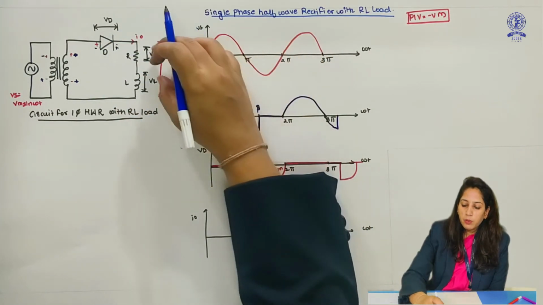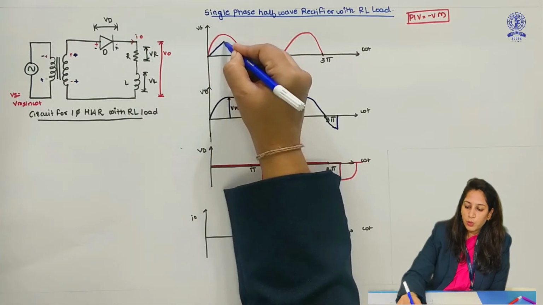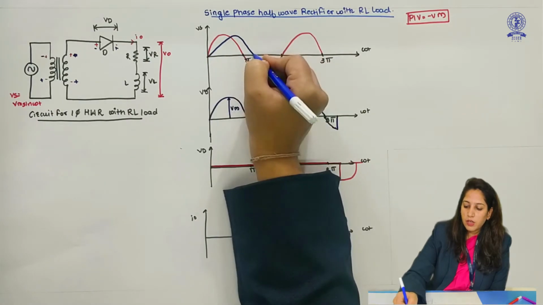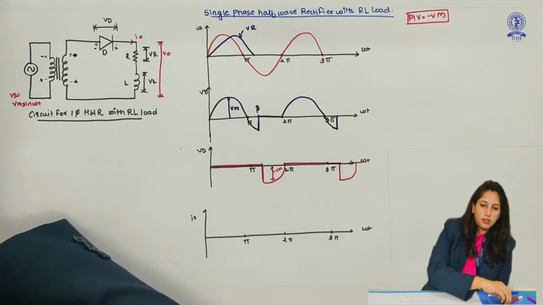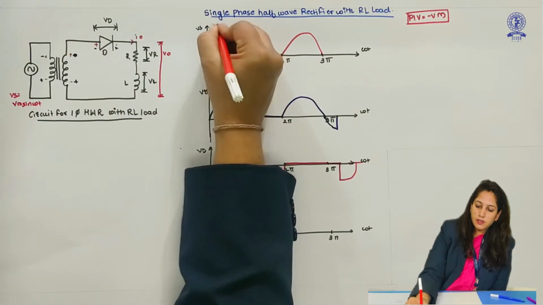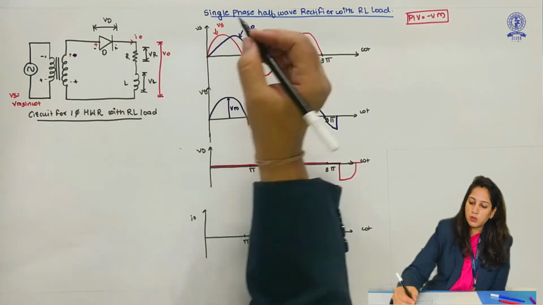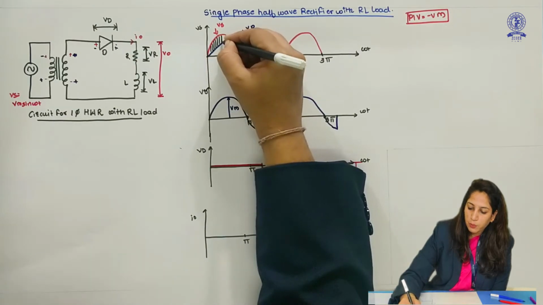At that time my voltage across R will move forward slightly, due to the presence of that current, in this way. This is my VR, this is my Vs, and the difference between these two is this shaded portion.